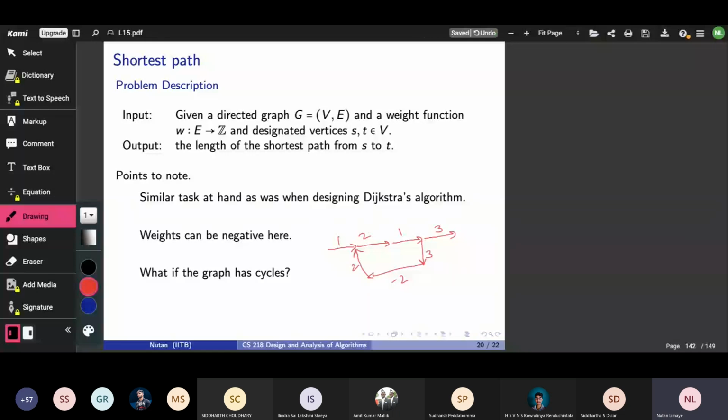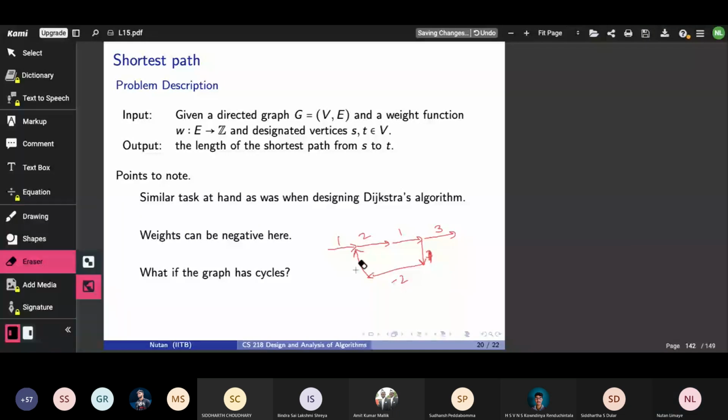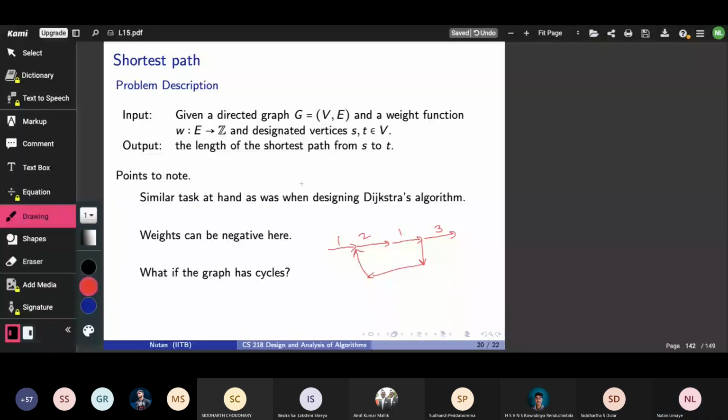Or rather, let's just say 1 and 1. Now notice that if I just take this path, its weight is 3 plus 1, 4, 5, 6, 7. Instead, suppose I take this path. Then 1, 2, 3, 4, minus 5.